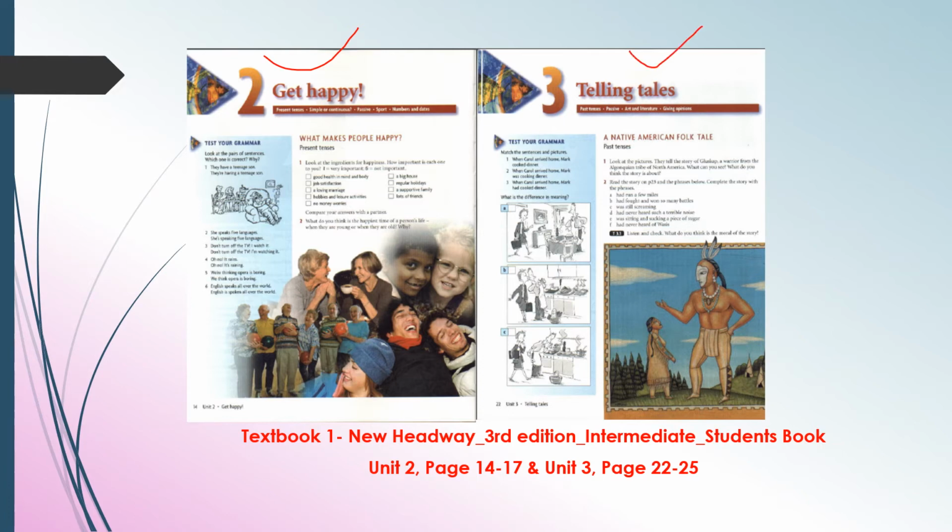Chapter number 2, getting happy, we will have the practices and exercises and analysis of present forms from chapter 2, and we will have past tenses and the practices and analysis from chapter 3. And you can see unit 2, unit 3, page 14 to 17, page 20 to 25.